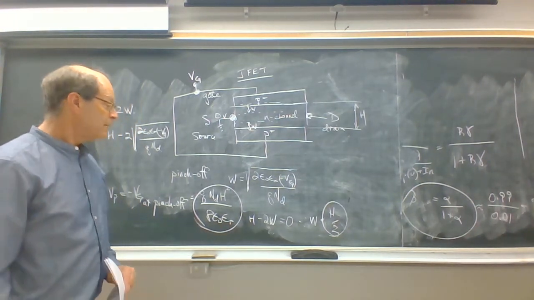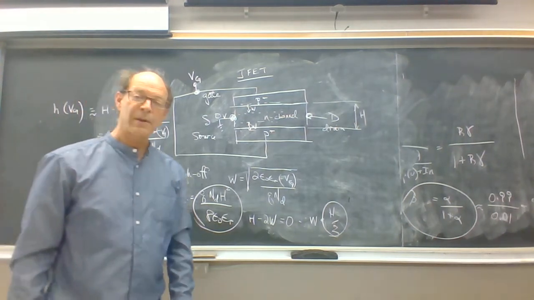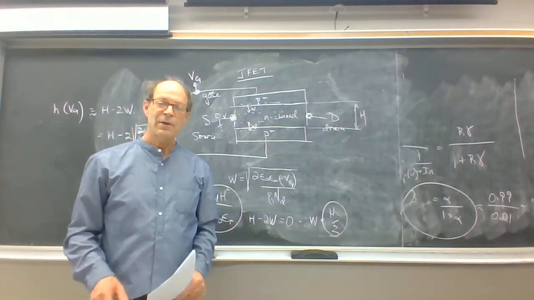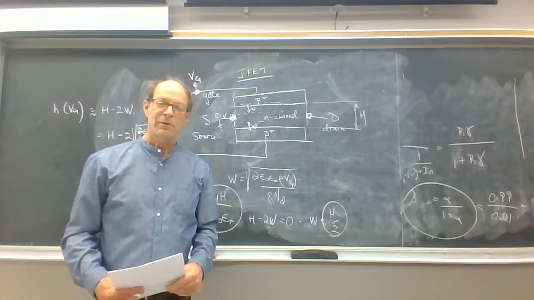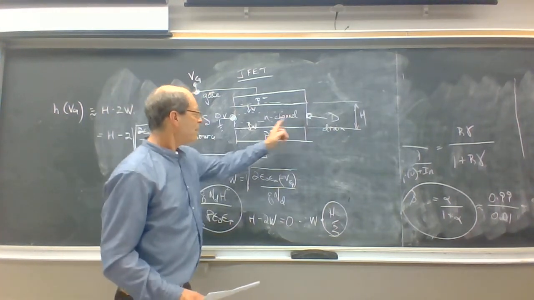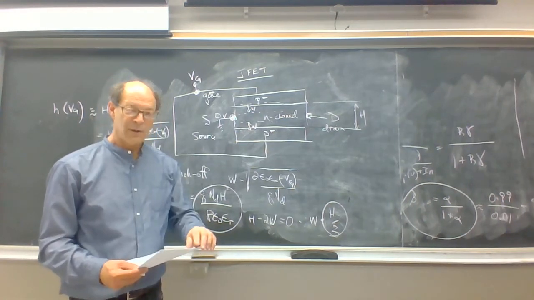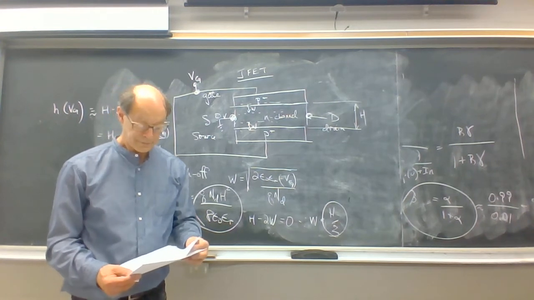So the interesting thing now becomes what happens at pinch-off. If the channel width is 0, what happens to the current flowing between the drain and the source? So let's see how the current flow depends on the voltage you apply to the gate.